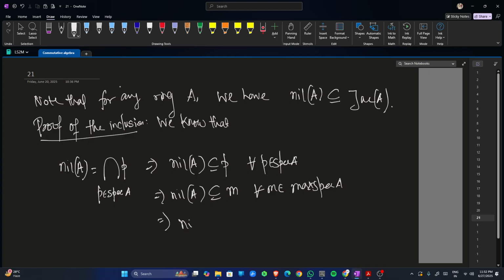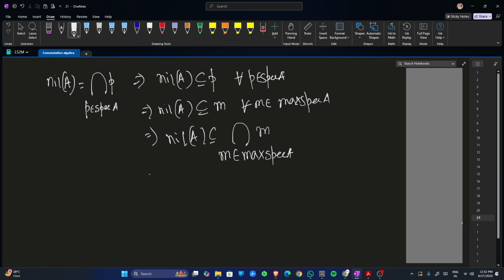So nil A is contained in every maximal ideal, so it is in the intersection. So nil A is in the Jacobson radical of A.